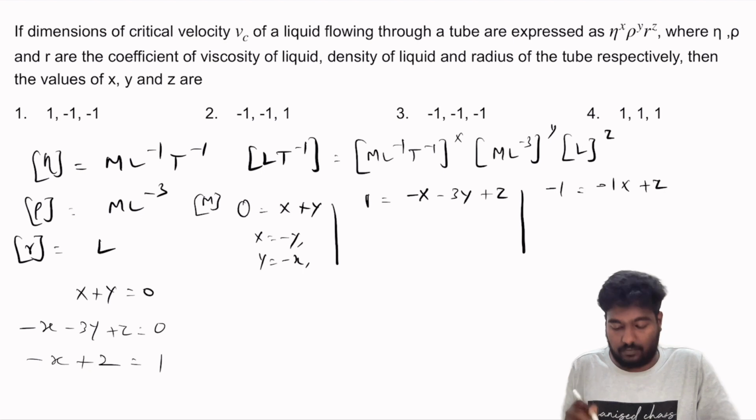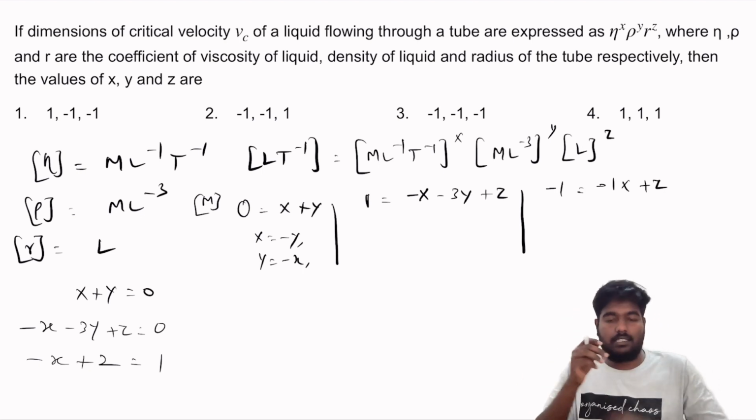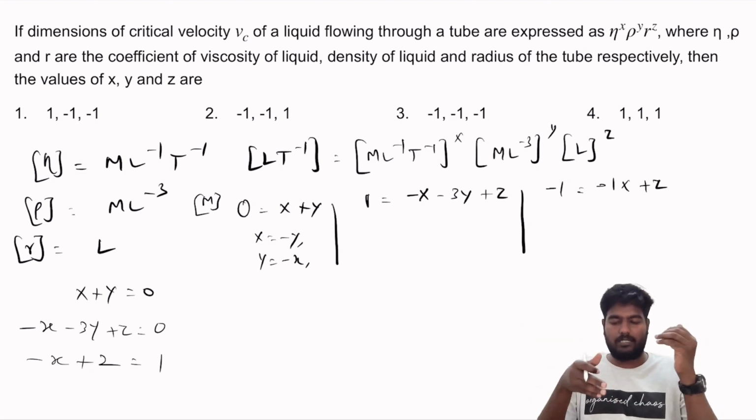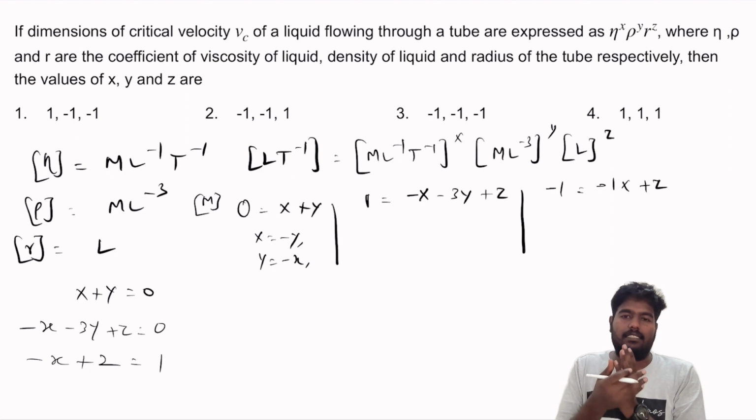Okay, so we can solve this and you will not get a single solution. This equation can have multiple solutions because these are the planes. They intersect in a long straight line.